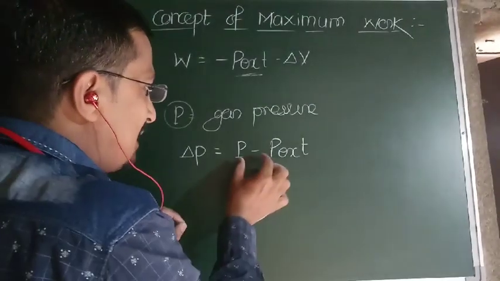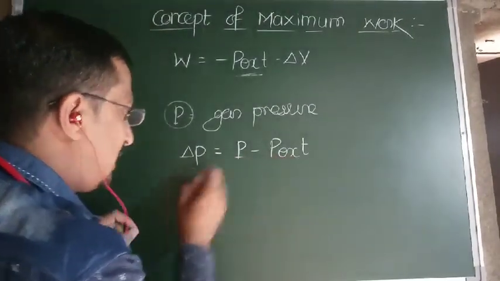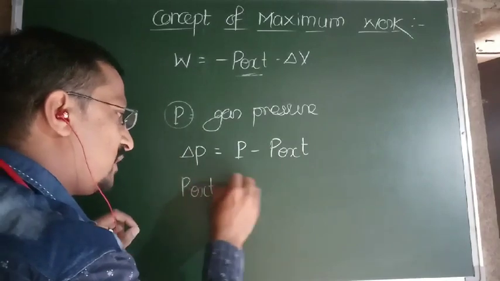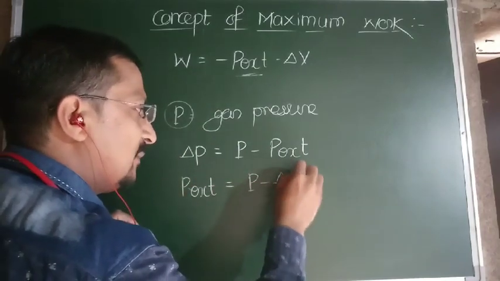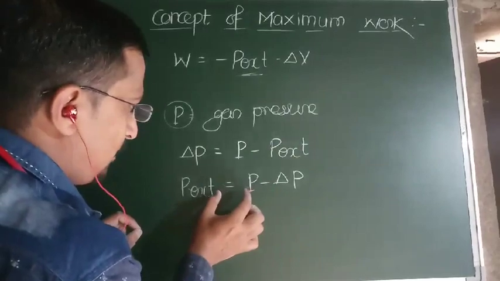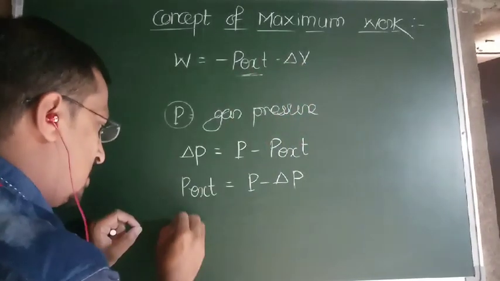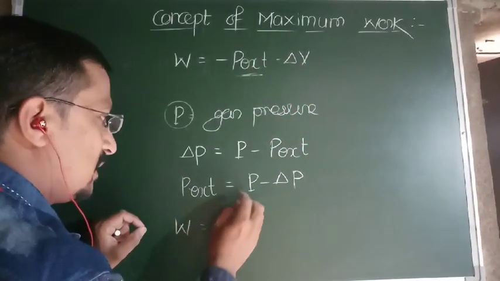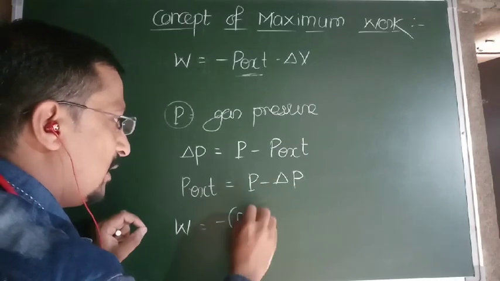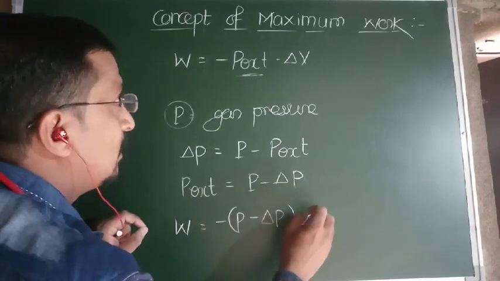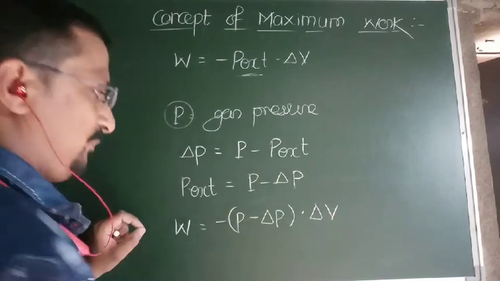So as delta p is equal to p minus p external, so p external is equal to p minus delta p. Substitute the value of p external as p minus delta p in this equation. So w is equal to minus p into bracket minus delta p into delta v.